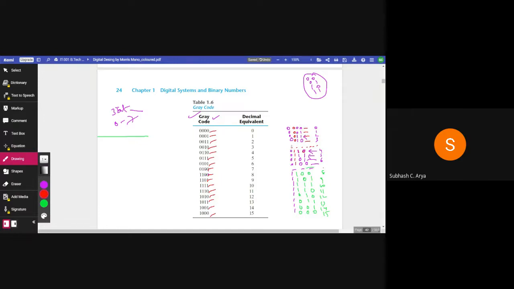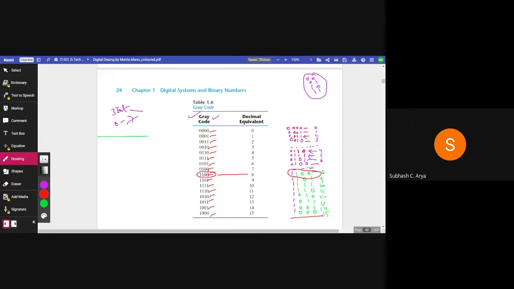The principle is reflection code as well as adjacent: only one bit changes with respect to adjacent. So the last one is 1, 0, 0, 0. I think this is 8, and we are here at 8. Got it?